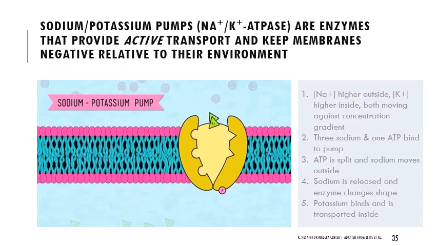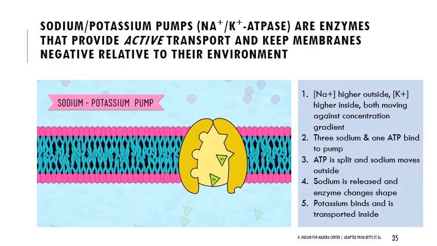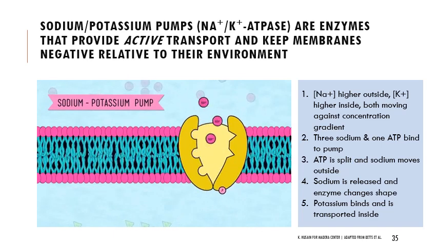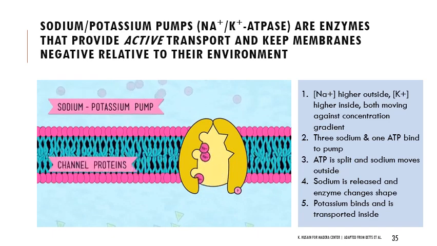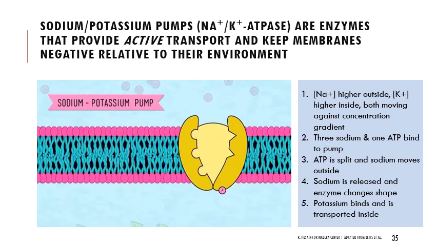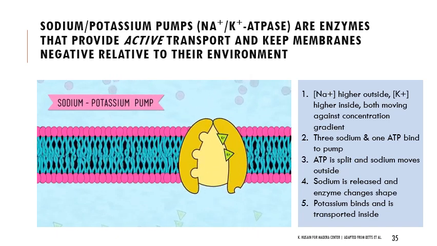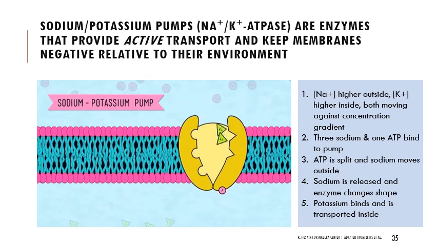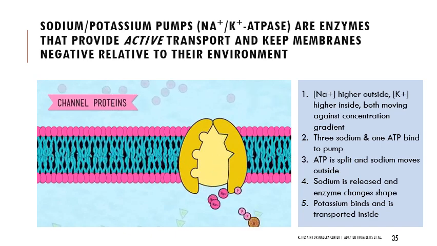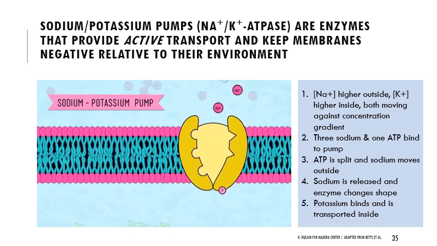So, step-by-step process here: the sodium concentration is higher outside the cell, potassium is higher inside the cell. Both of these ions get pumped against their concentration gradient to build it up further. 3 sodium ions bind to the sodium-potassium pump, 1 ATP binds, that ATP is split to move sodium outside of the cell against its concentration gradient.